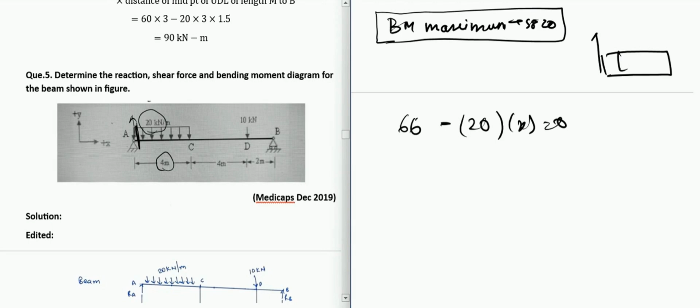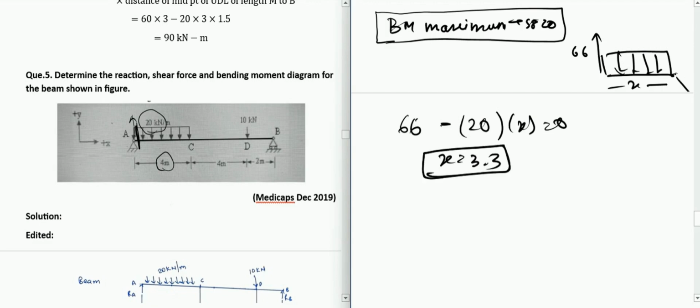You have a 66 kilonewton force in the upward direction, and after some x distance it is going to 0, and then in the negative direction. So let us say we want to find that x. You can calculate it by this equation. So x will come out to be 3.3 from E. The total is 4 meters, and at 3.3 it is becoming 0.